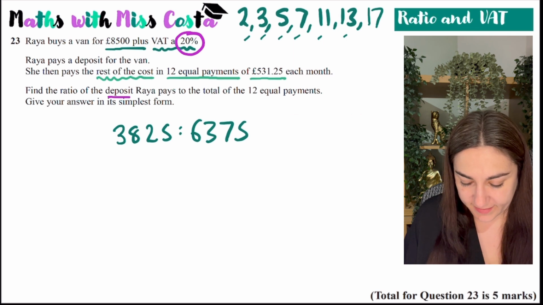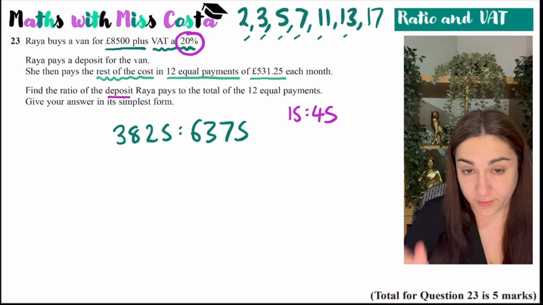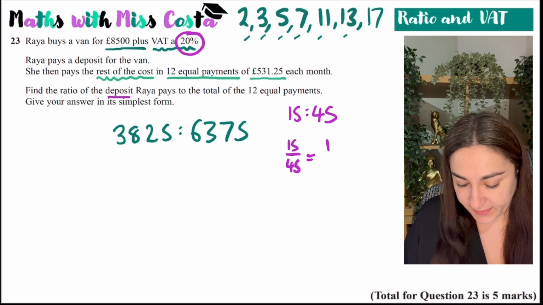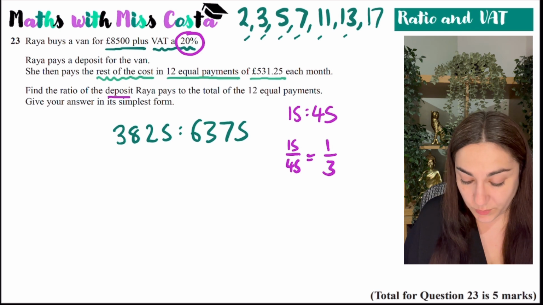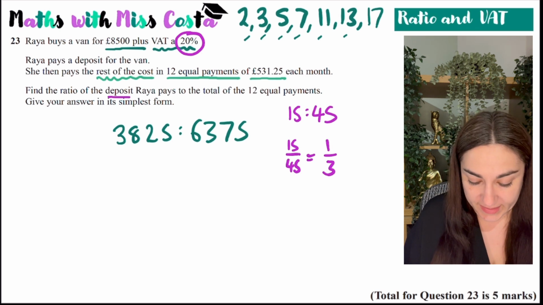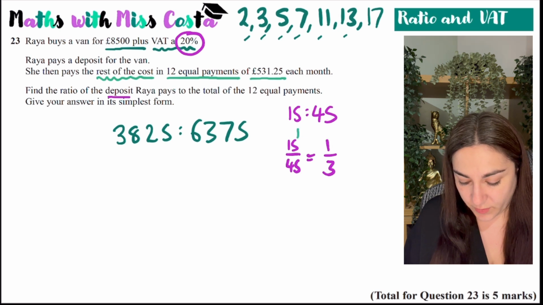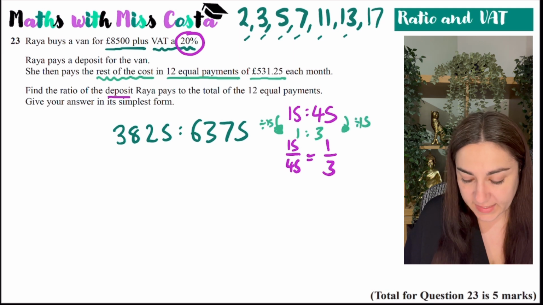Let's say I did 15 to 45. So if I typed into my calculator 15 divided by 45, 15 over 45 as a fraction would simplify to 1/3. So the way you could do it is turn it into a fraction, and then 1/3 to write it as a ratio would be 1 to 3. So 15 you've divided by 15, and 45 you've divided by 15, and it gets you to 1 to 3.